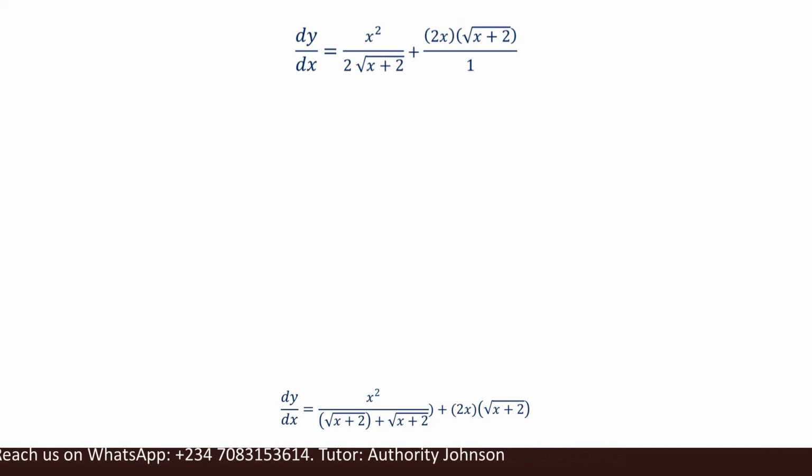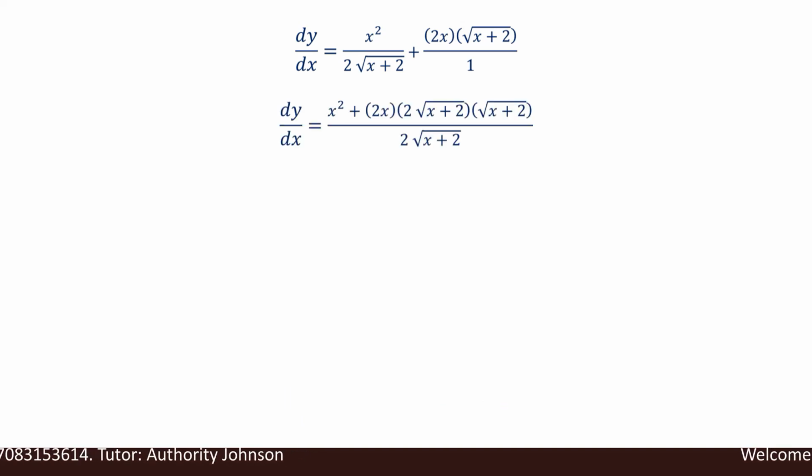So meaning we are simply going to say 2 of square root of x plus 2. So when we combine these two together, what are we going to have? We are going to have x squared plus 2x multiplied by 2 square root of x plus 2 multiplied by square root of x plus 2.